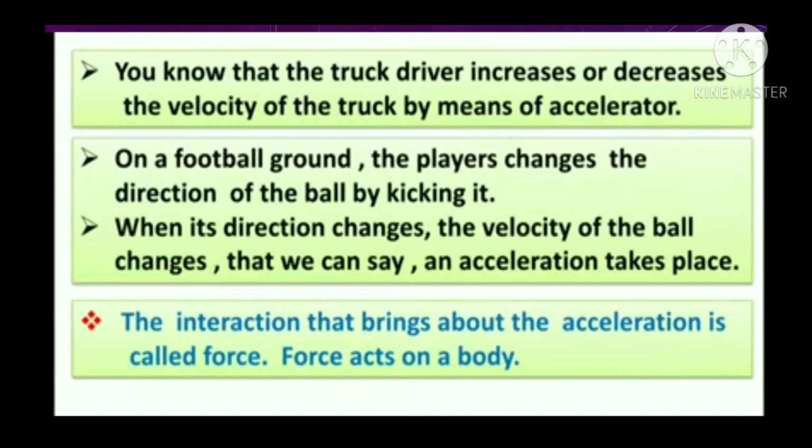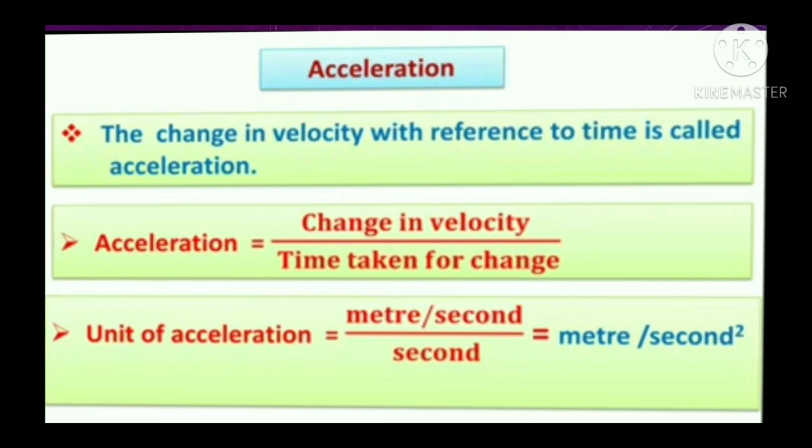The interaction that brings about the acceleration is called force. Force acts on a body. So what did we learn about acceleration? The change in velocity with reference to time is called acceleration. Formula: acceleration is equal to change in velocity upon time taken for change. Use your brain power. The unit of acceleration is meter per second square. Verify this.